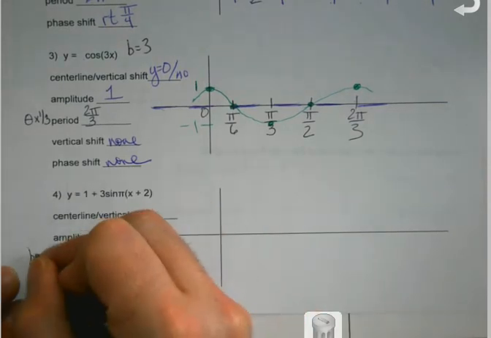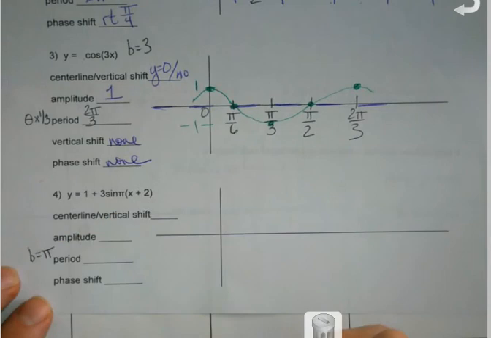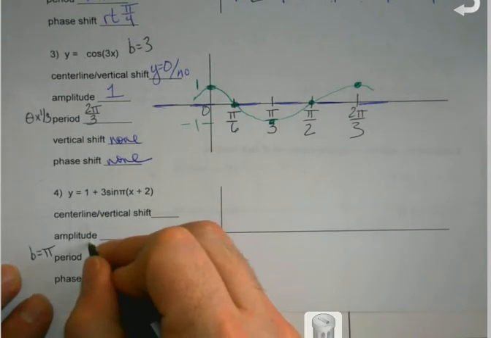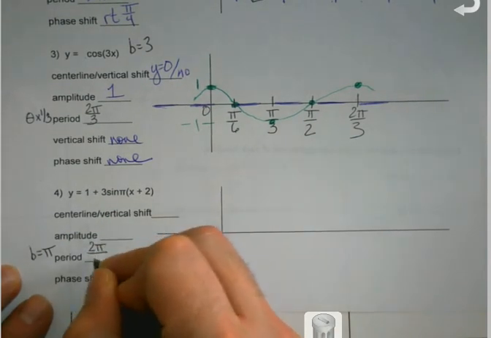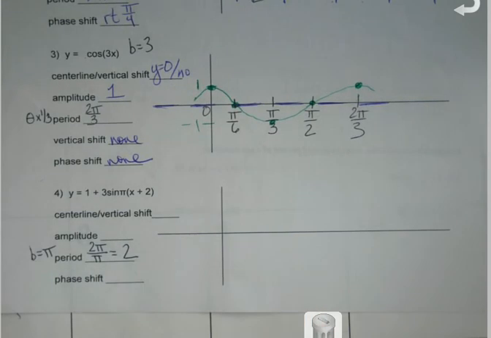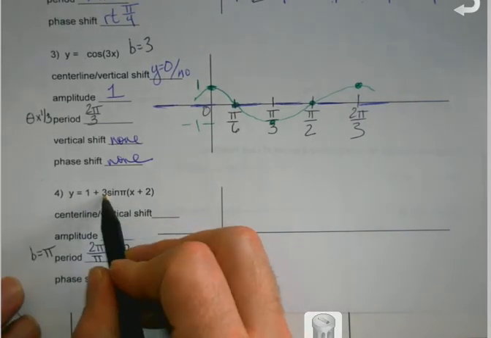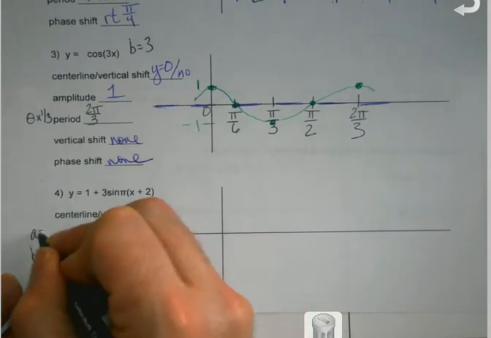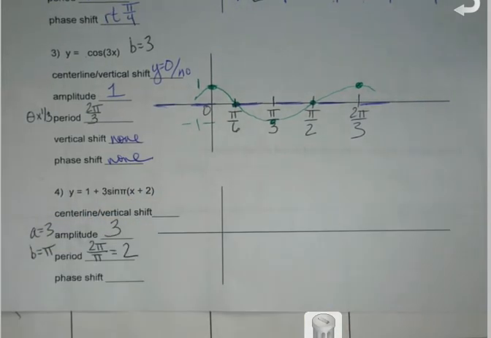So my B value is pi, which means I'll take my 2 pi and divide it by pi, which means my new period is going to be 2. We'll talk about that in just a second. Let's go ahead and we'll get the other values in here. I have an A value this time, right here directly in front of my sine. So my A value is 3, which means my amplitude would be 3.